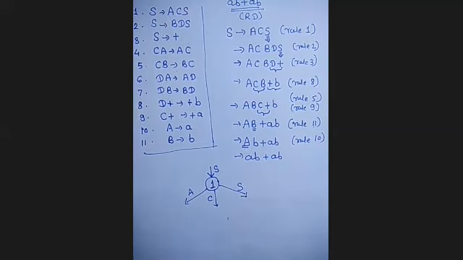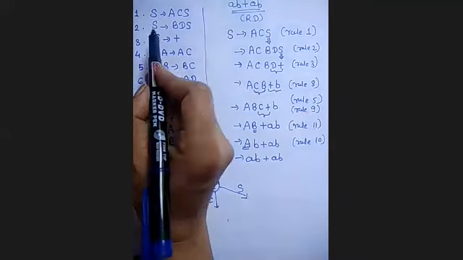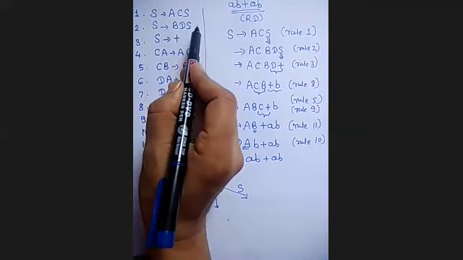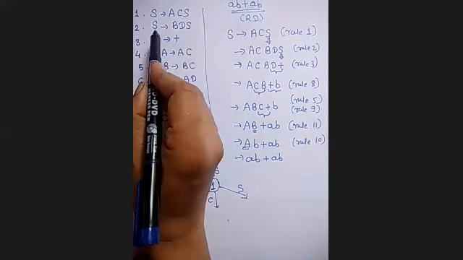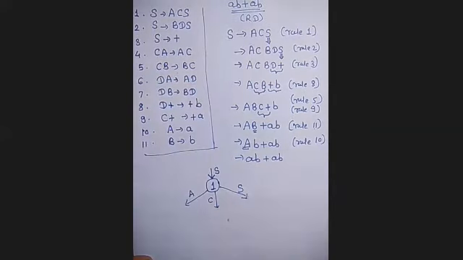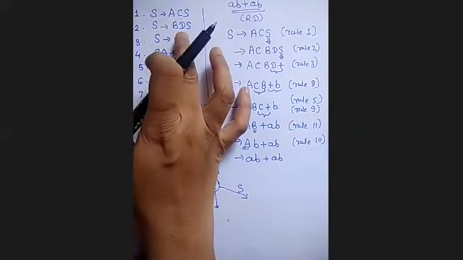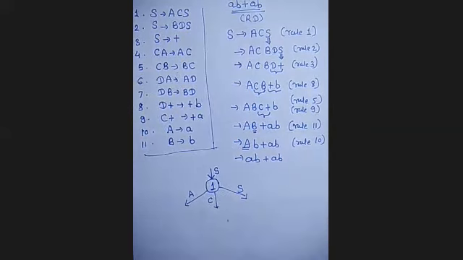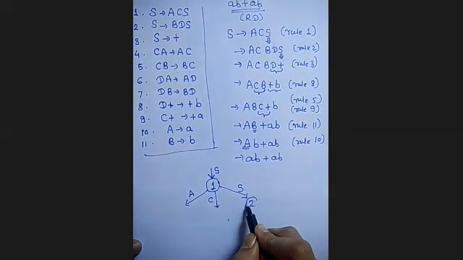What is rule number 2? S derives BDS. So incoming edge will be for what? S, correct. And rule number 2 is the new node, correct.